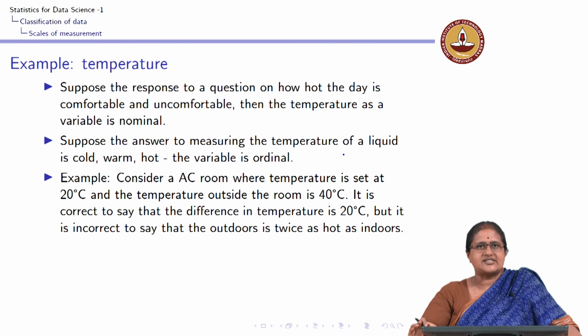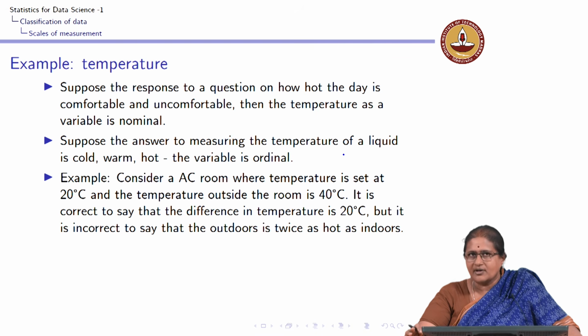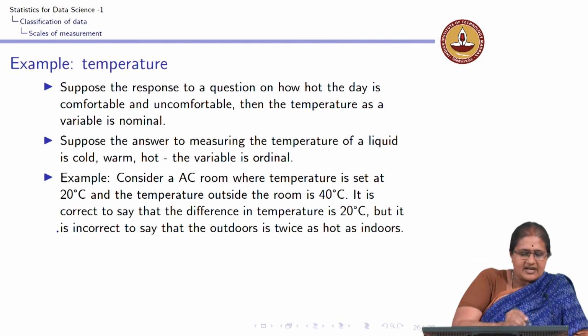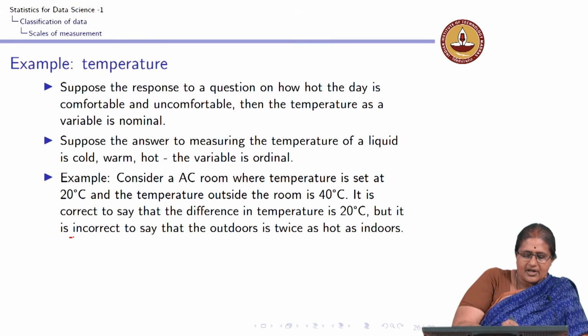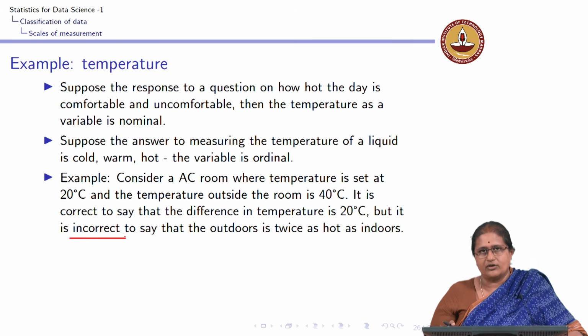Suppose I had set it at 14 degrees centigrade and the temperature outside was 28 degrees, it is perfectly right for me to tell that there is a difference in the temperature of 14 degrees centigrade. But it is absolutely incorrect for me to say that outdoors is twice as hot as indoors, because 40 degrees centigrade is not twice as hot as 20 degrees centigrade.